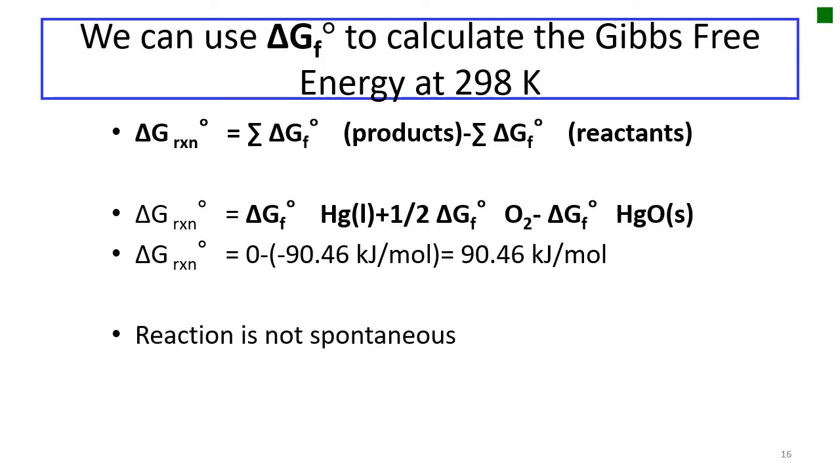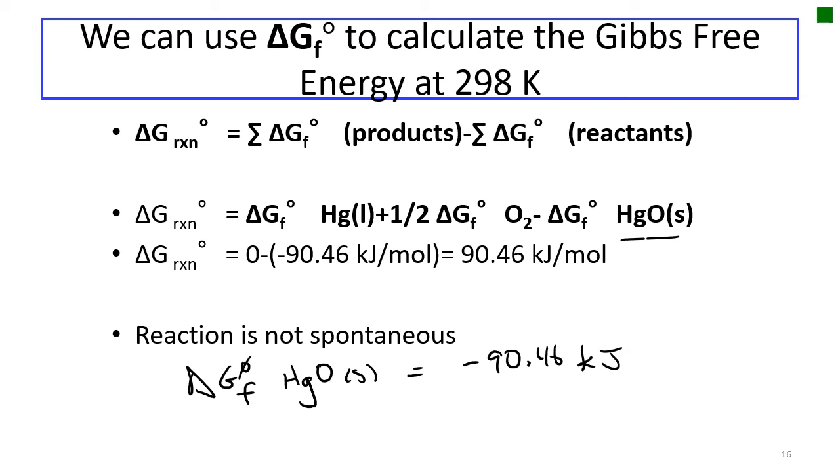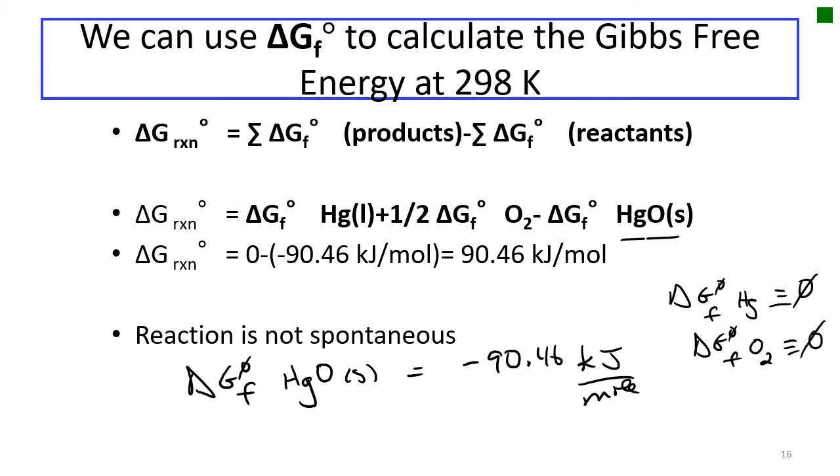If we look them up, we find that delta G naught of formation of HgO as a solid is equal to minus 90.46 kilojoules per mole. And we have delta G naught of formation of mercury is defined to be 0. Delta G naught of formation of oxygen is defined to be 0.